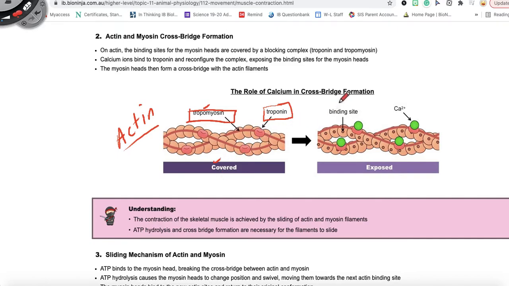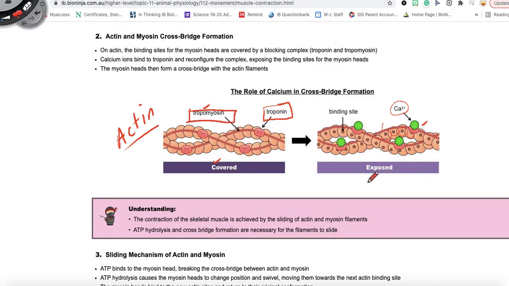Okay? So what happens when calcium ions are released from the sarcoplasmic reticulum? Well, they're going to bind to troponin, and then notice what that does to tropomyosin. It kind of moves the railing, right? It kind of moves the protein, and then it exposes these binding sites on actin.